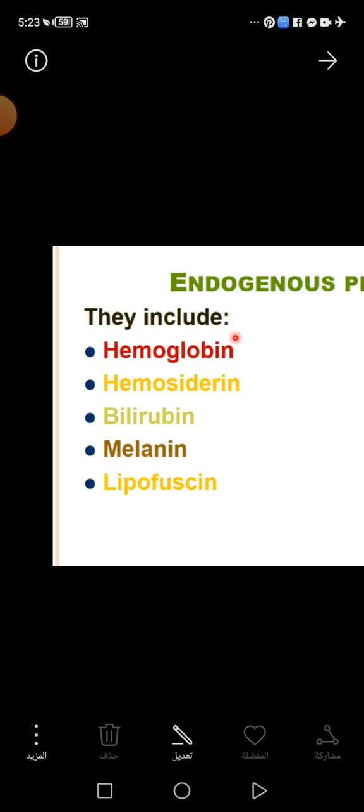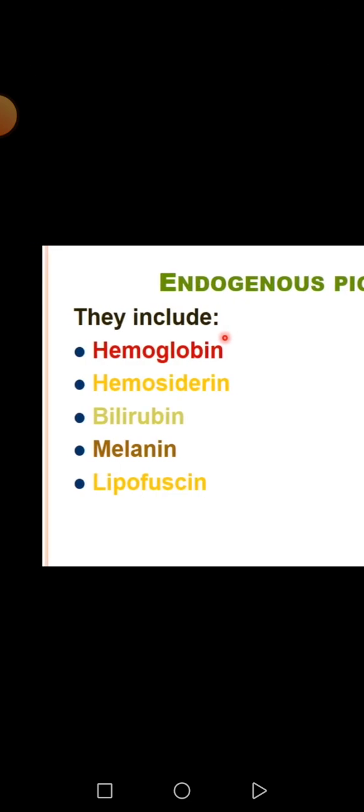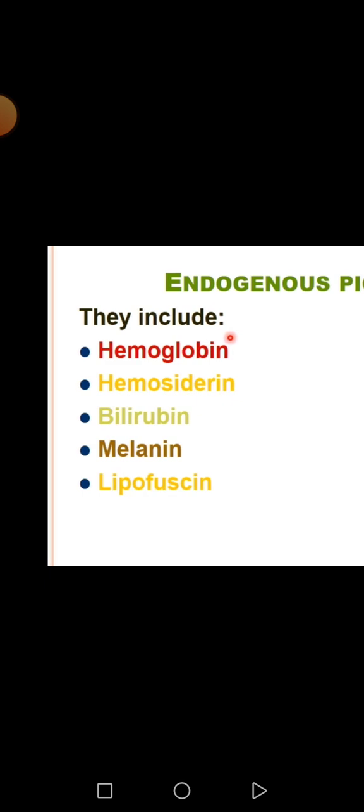So hemosiderin is another type of pigment. Bilirubin is released when the erythrocytes die and are broken down. Bilirubin is one of the most common causes of jaundice. You should differentiate jaundice from carotenemia. Jaundice is pathogenic, but carotenemia is not pathogenic.